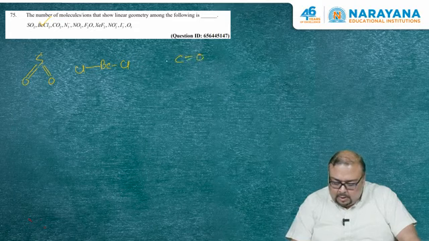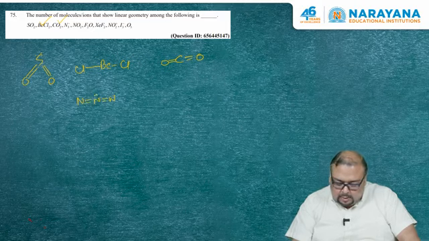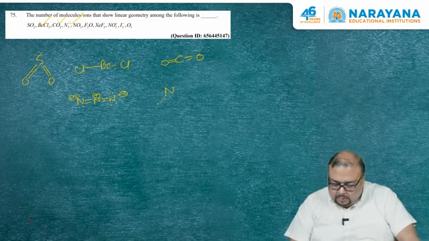CO2 is again linear because the central atom is having sp hybridization. N3 minus will be something like this. N double bond N, double bond N. This will be plus, this will be minus, and this will be minus. So this is again linear. NO2 will be bent.